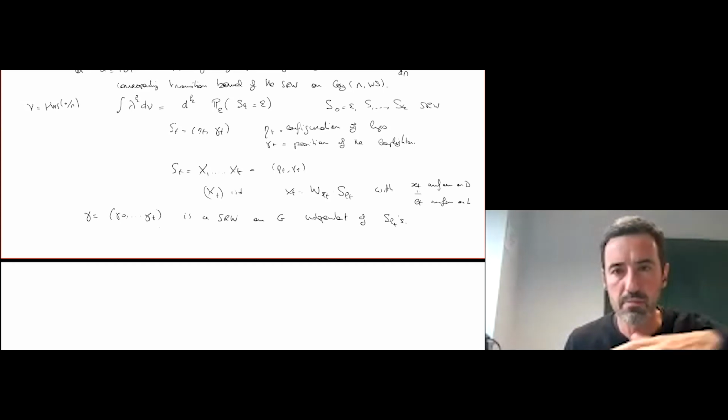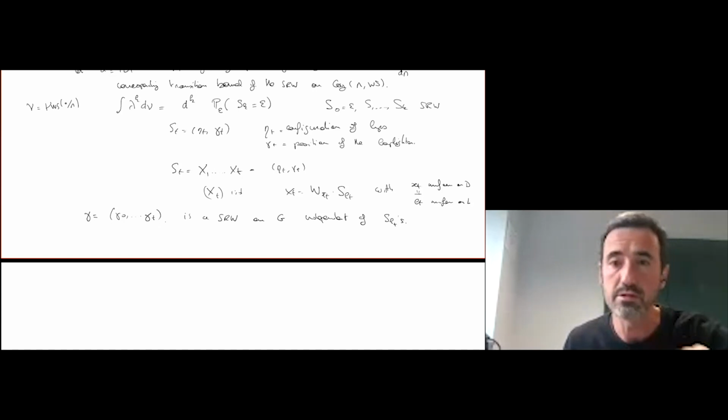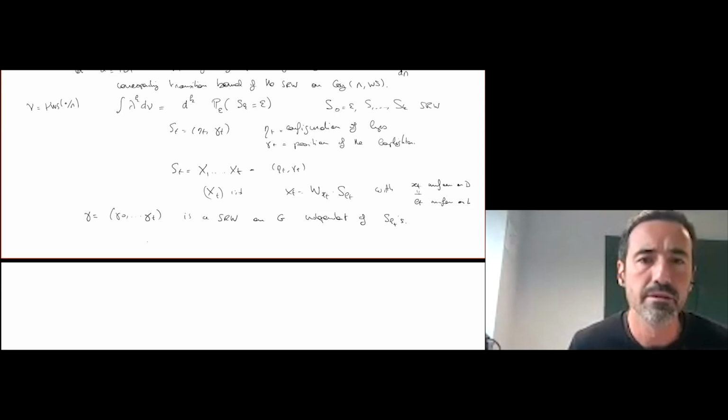The walker moves independently of the position of the lamps, but the way the lamps are updated depends on the successive positions of the walker.